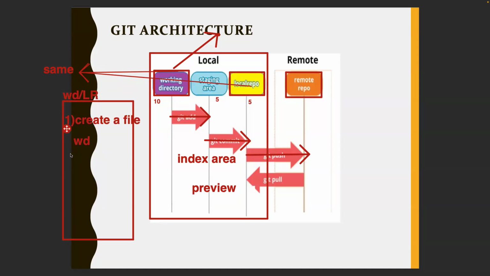Then it is said to be in the working directory. If you run the command git add on that file, how we run it we will learn, then it is said to be in the staging area. Suppose you commit those changes, then you call it in the local repository. Understood? Otherwise, it's the same folder, the same drive.